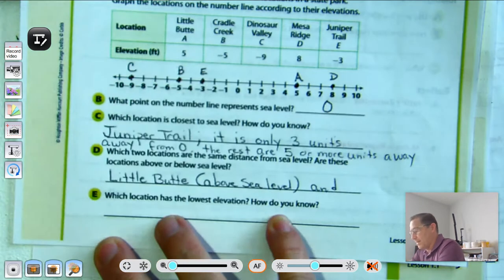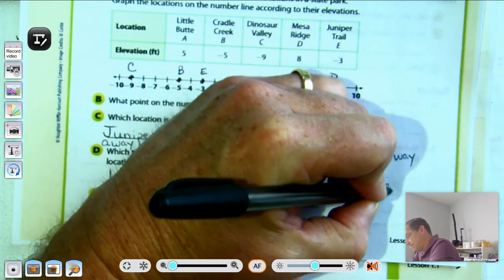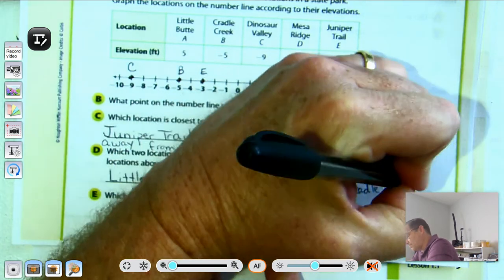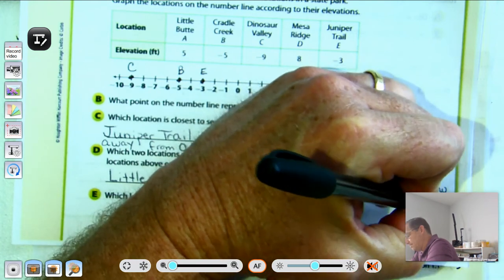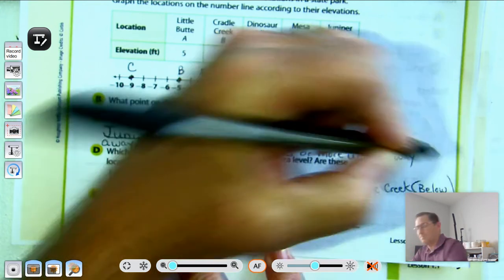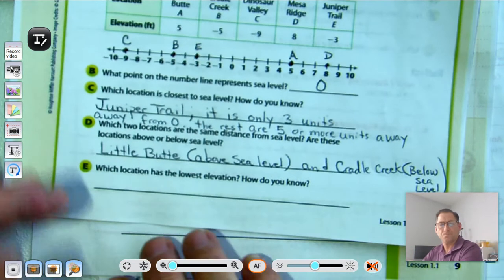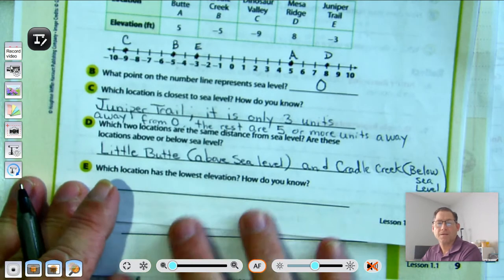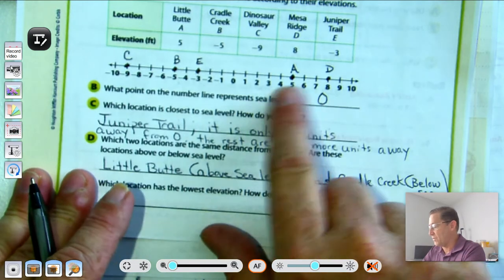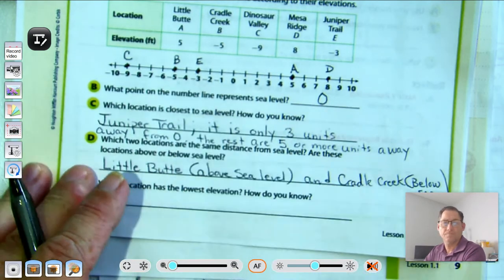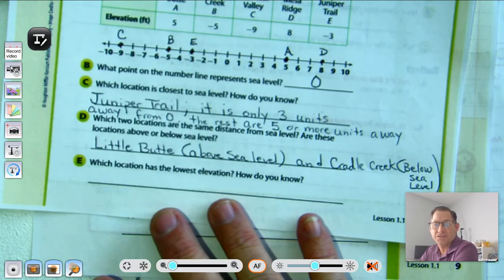And Cradle Creek, and that's below sea level. So same distance from sea level, they're 5 units away from zero. One's positive, one's negative.